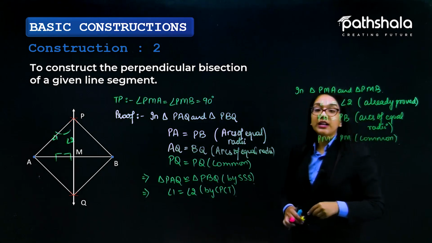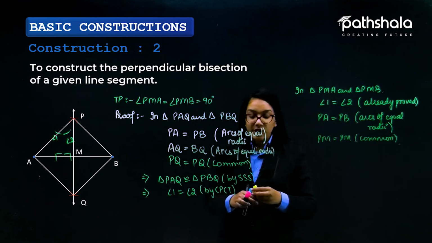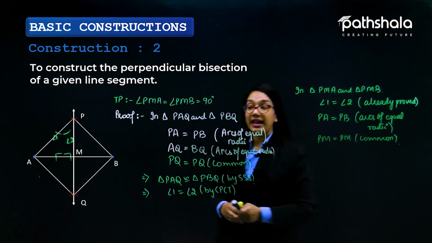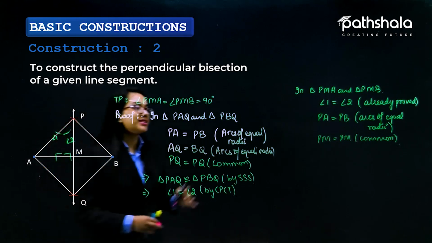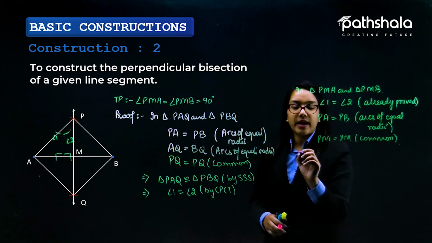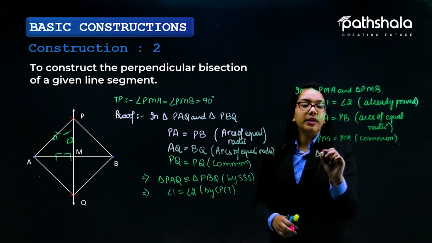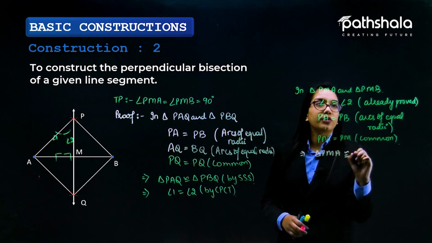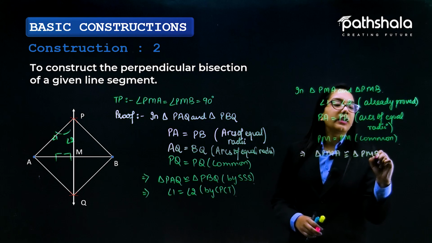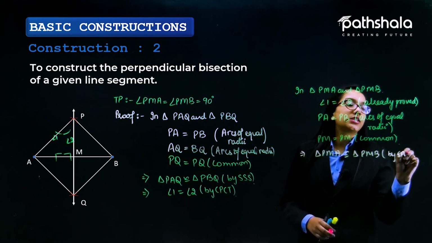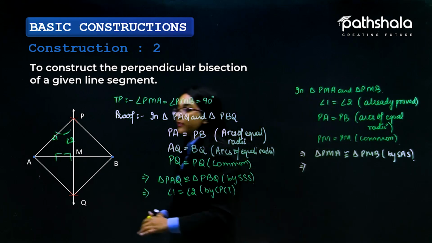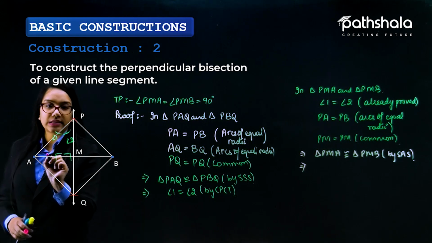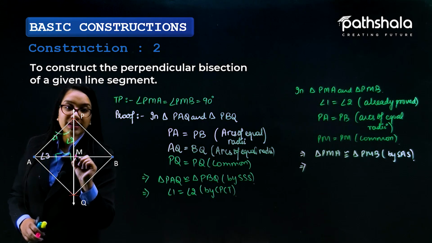So further, using SAS, the side, angle and side, by the SAS rule, we can say that the triangle PMA is congruent to the triangle PMB. And if they are congruent to each other, let us suppose I'm calling this angle 3 and this one angle 4.